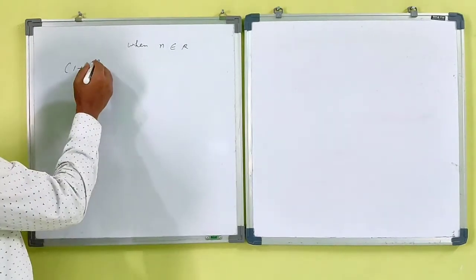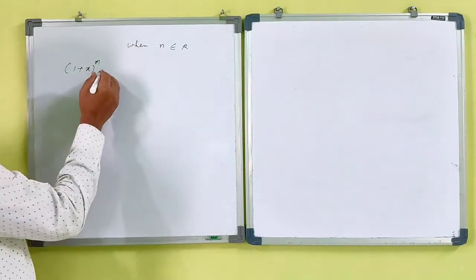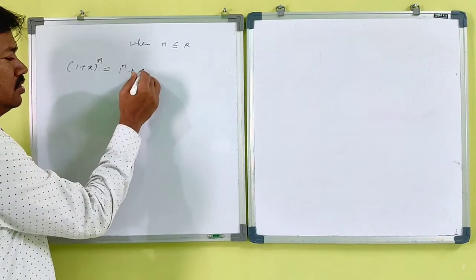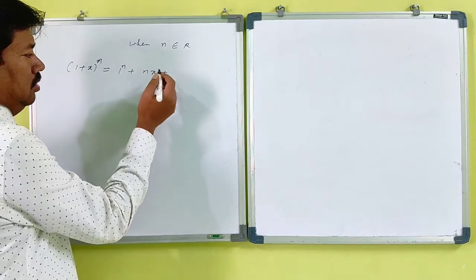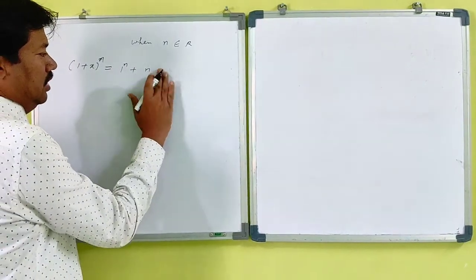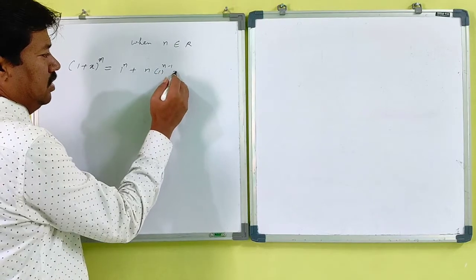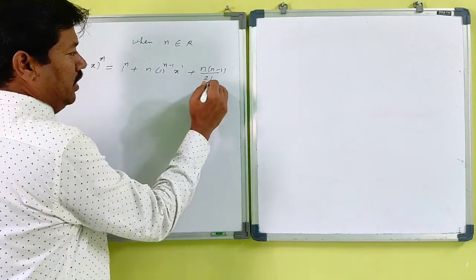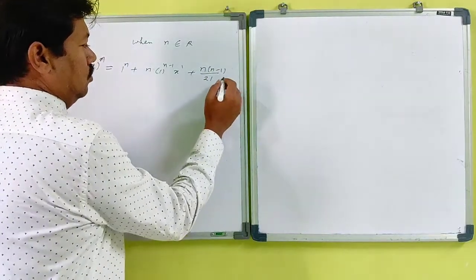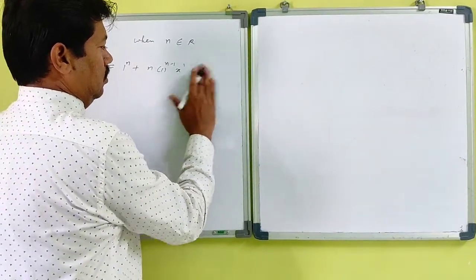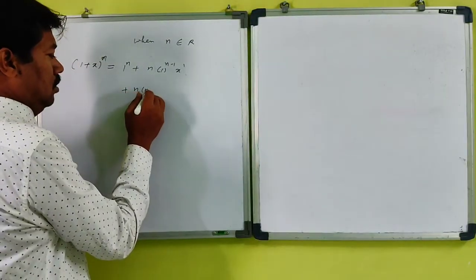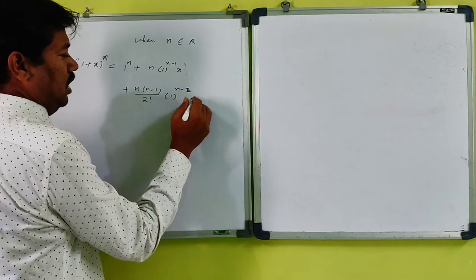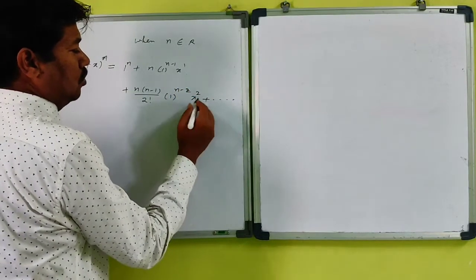In this expression, 1 plus x raised to n, we can write this as 1 raised to n plus n into 1 raised to n minus 1 x raised to 1 plus n into n minus 1 upon 2 factorial into 1 raised to n minus 2 x square and so on.